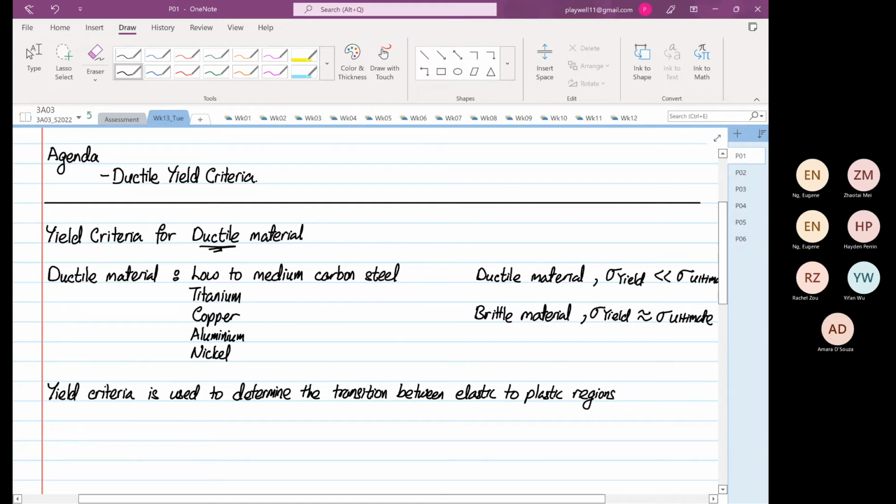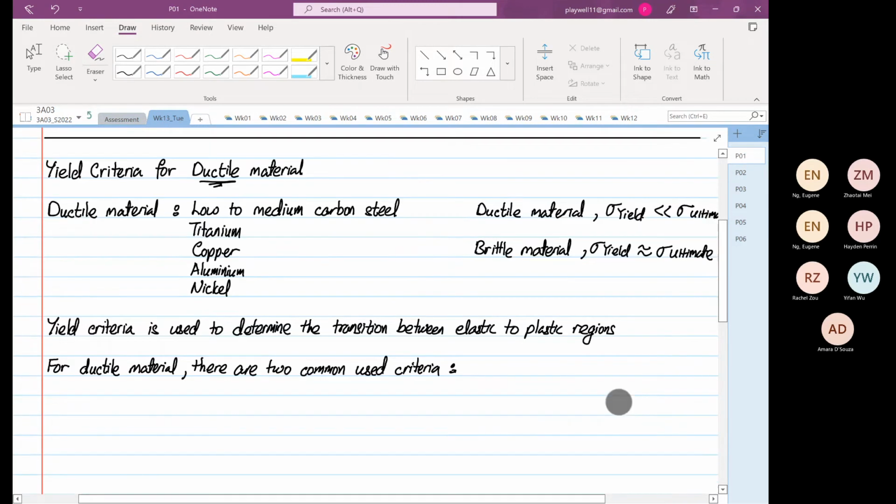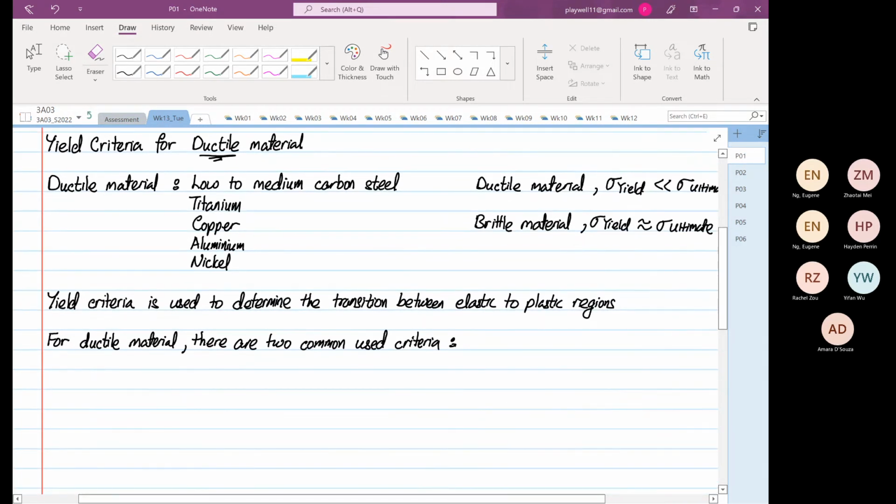For ductile material, there are two commonly used criteria which I will teach in this class.